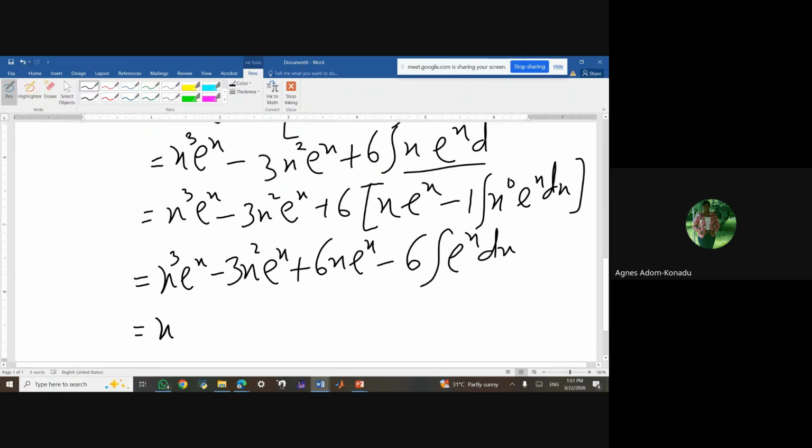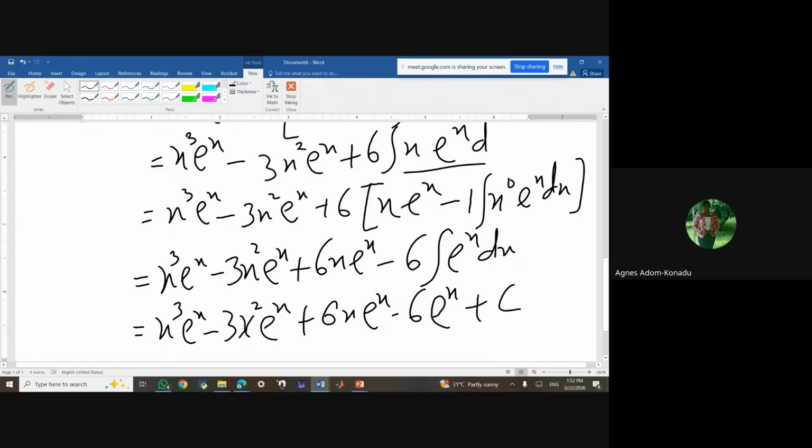This is the same as x to the power 3 e to the power x minus 3x to the power 2 e to the power x plus 6x e to the power x minus 6. I can integrate this, right? So let's integrate it. When I integrate this, I'm going to get e to the power x, then plus c.